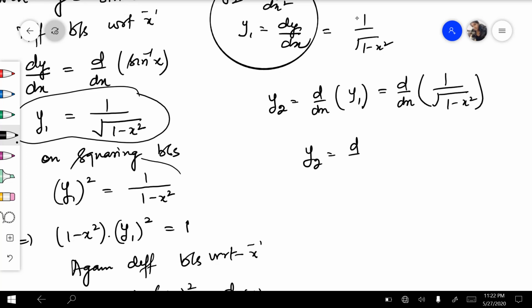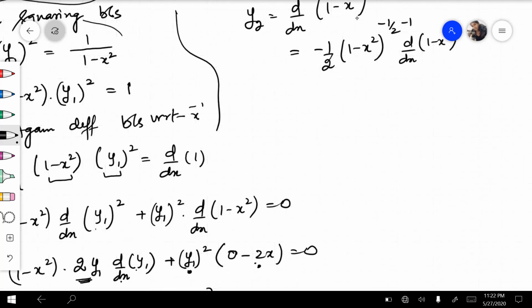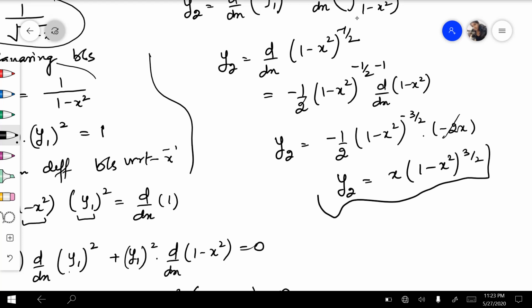That means y2 is equal to d by dx of (1 minus x square) raised to power minus 1 by 2, which is equal to minus 1 by 2 into (1 minus x square) raised to power minus 1 by 2 minus 1 into d by dx of 1 minus x square, which gives you y2 is equal to minus 1 by 2 (1 minus x square) raised to power minus 3 by 2 into minus 2x. 2 will cancel 2, that means y2 will be equal to x into (1 minus x square) raised to power minus 3 by 2. ये हमारे पास आ गया वैल्यू इसका y2 का.